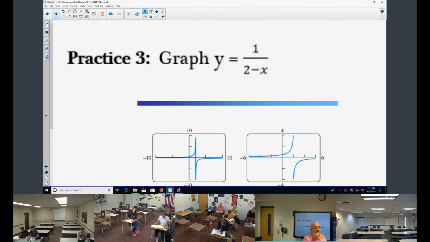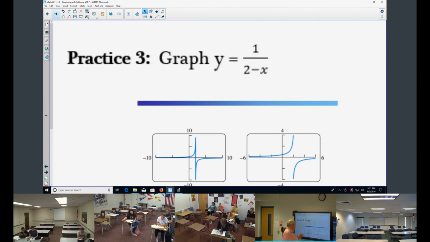Here's the deal: depending on the zoom and the model of the calculator, the older calculators would sometimes throw in this extra line. But that line is actually the vertical asymptote, and it is not part of the graph.